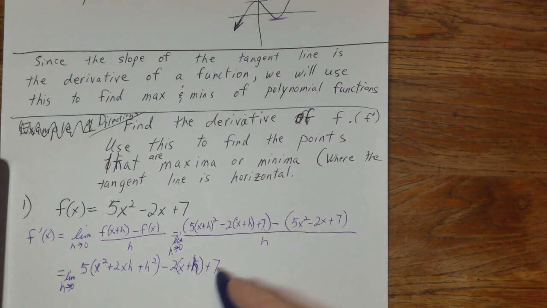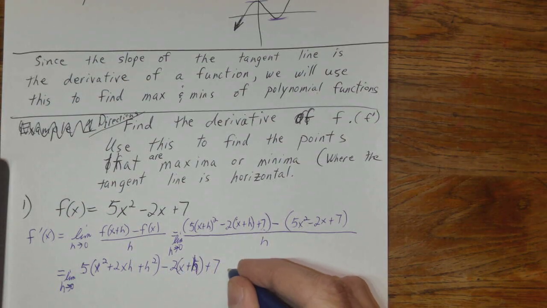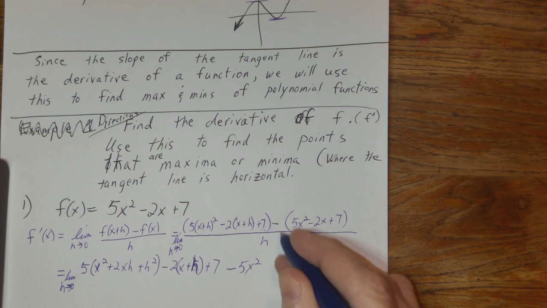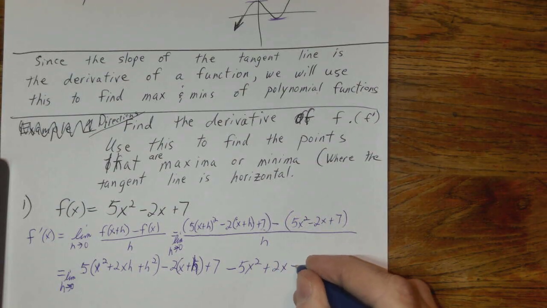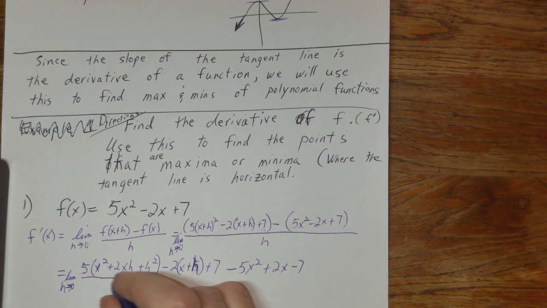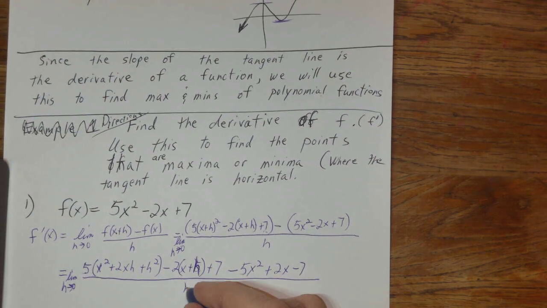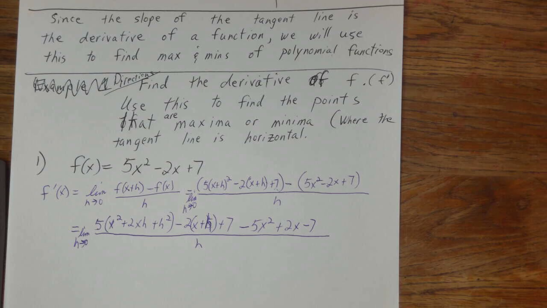Usually I distribute that. That's what I'm hesitating for a second there. I am going to just remove those parentheses. Minus 5x squared, negative negative plus 2x, and negative 7, over h. Okay, we're taking a while to find the derivative.